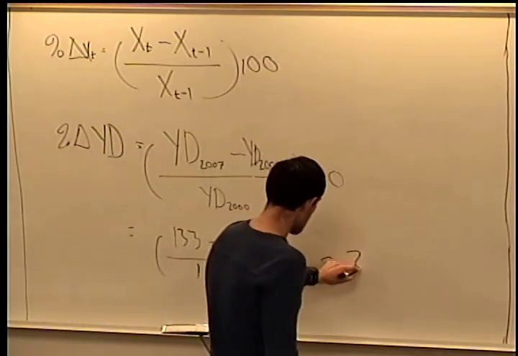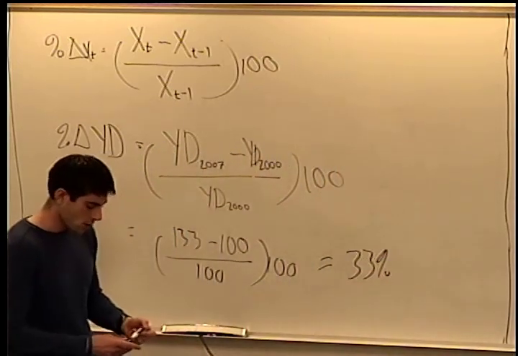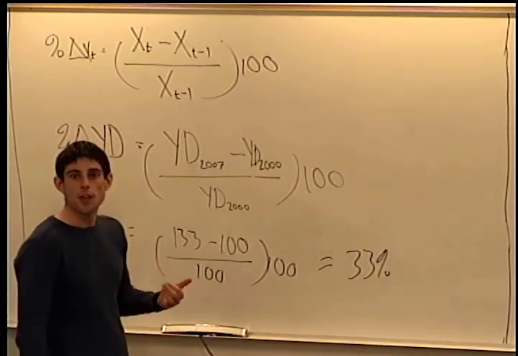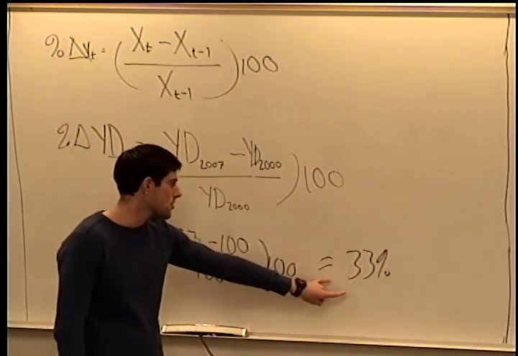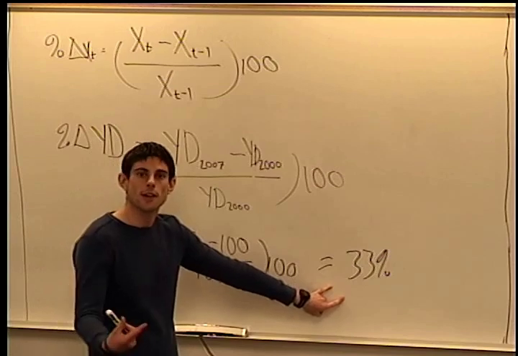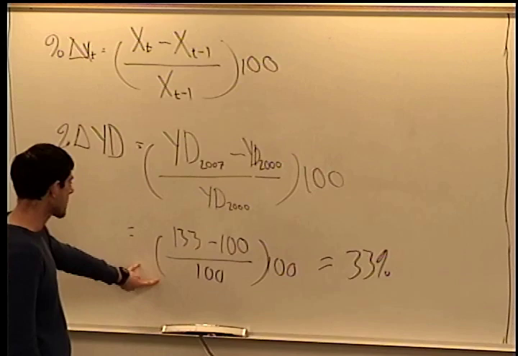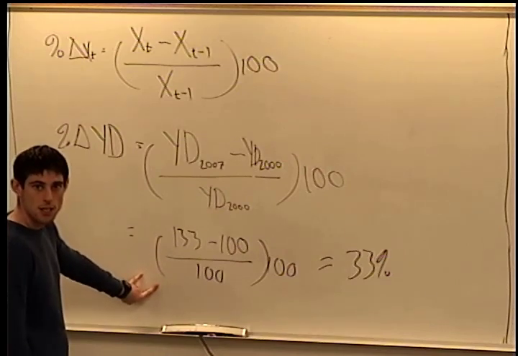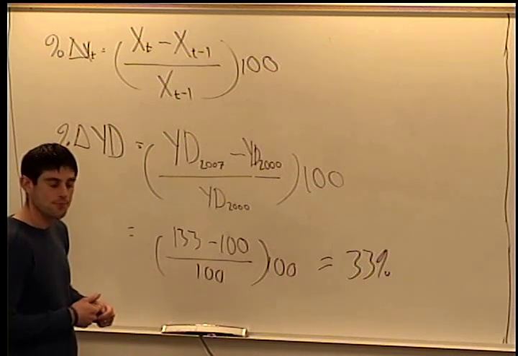So this equals 33%. So again, in the previous example, we knew that nominal GDP only changed because of prices. So prices and nominal GDP grew by the same amount because quantities remained the same. So overall, prices increased by 33% between 2000 and 2007 in the example that we gave.